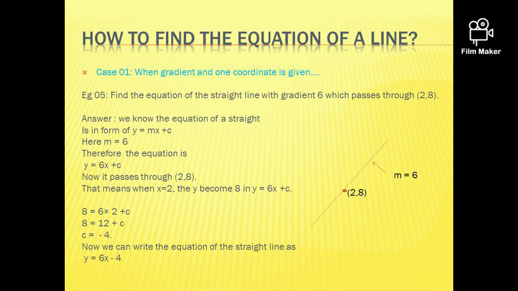Then if you replace x equals 2 and y equals 8, you will obtain the answer c equals minus 4. Therefore, very easily we can write the equation of the straight line as y equals 6x minus 4. So hopefully you understood how to do this kind of question.